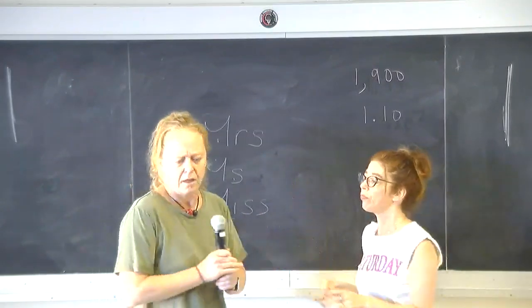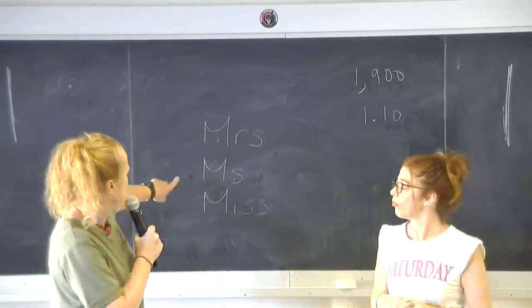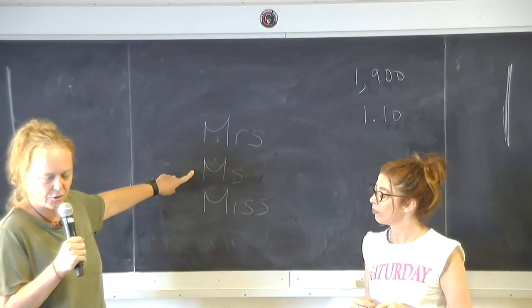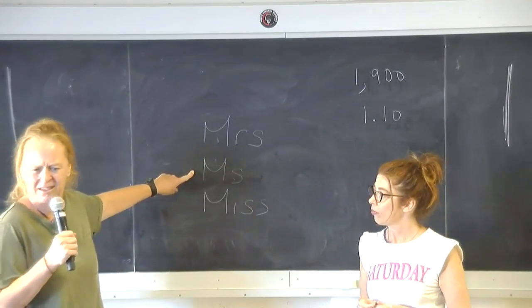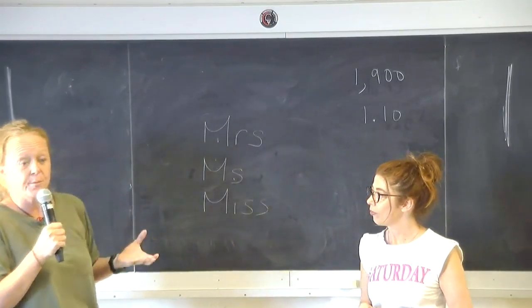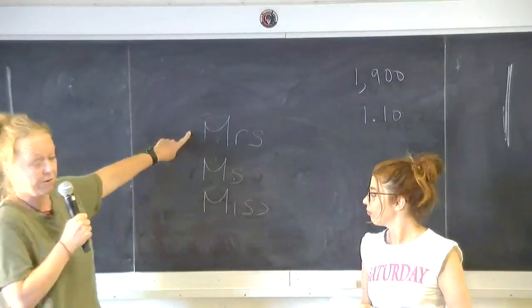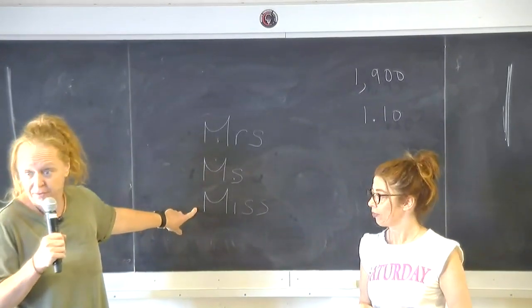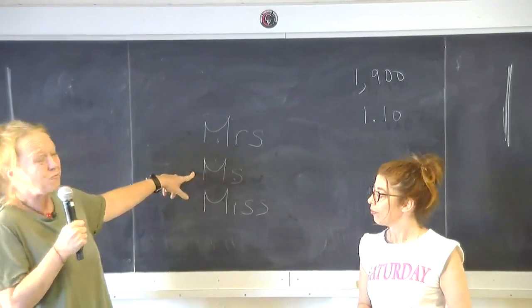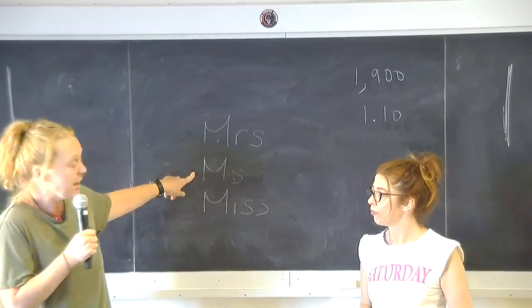Yeah? I think originally this was considered almost a feminist issue because women started saying, really, a man is Mr. Why should a person know if I am married or unmarried? And this came into use. It's relatively recent, I would say.